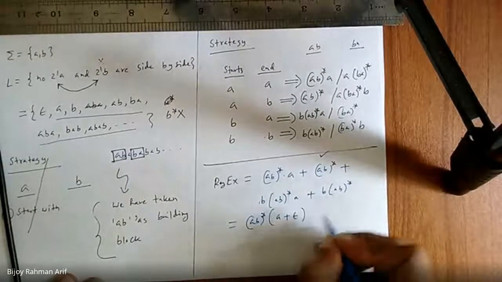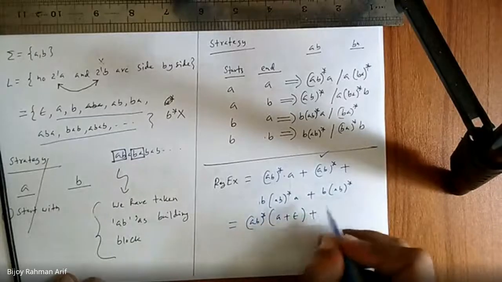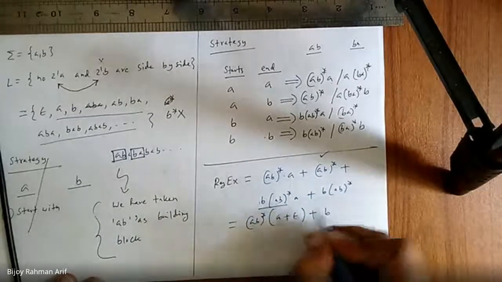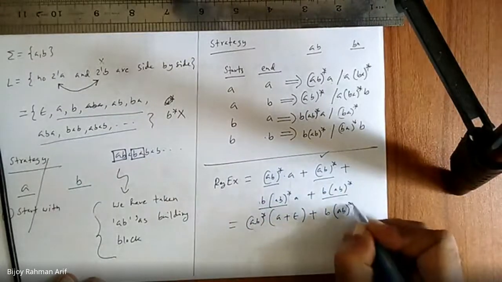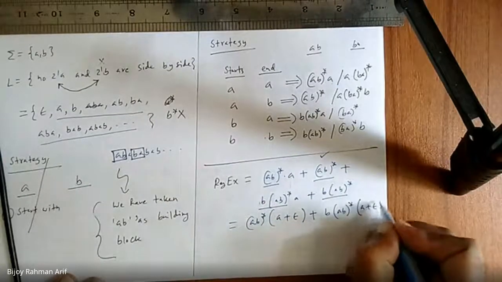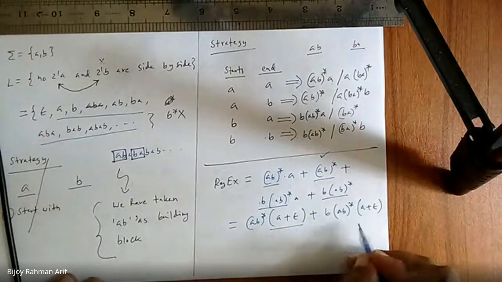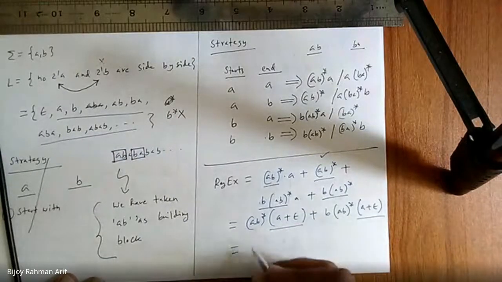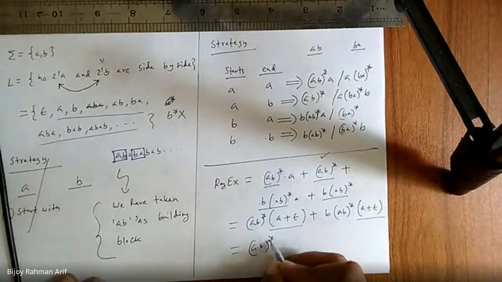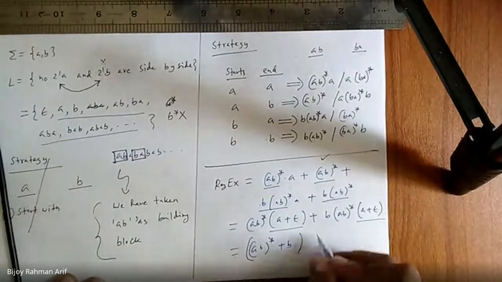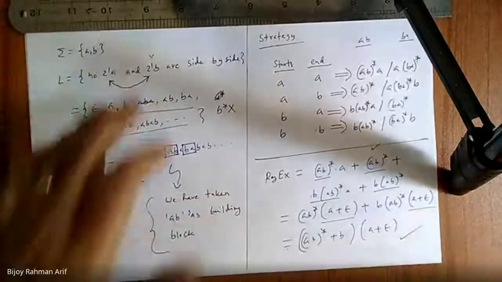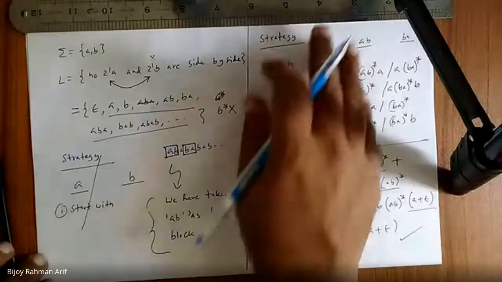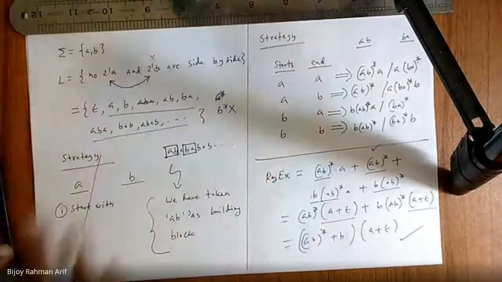A. If I take here the prefix of BAB star up to this, then we get this. Now, if we take the postfix of common A union epsilon, we get this. So this is the solution. Did you get it? Yes, sir. All right. Fantastic.